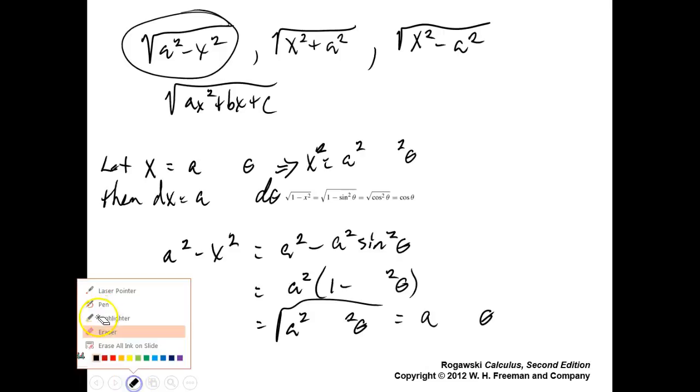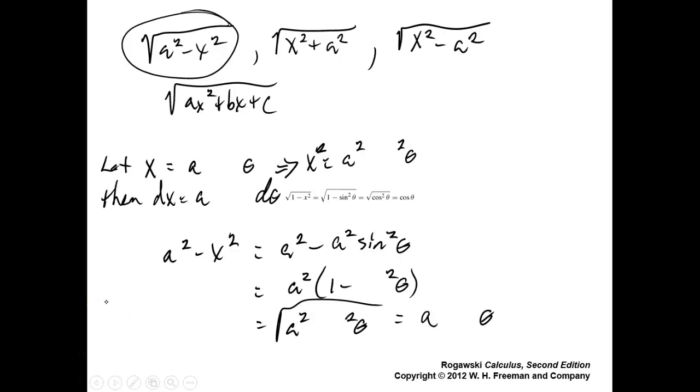So instead of using sine, let's use cosine. x equals a cosine theta. What would your dx be then? Except it'll be a minus, minus a sine theta. That's, I think, why they usually use sine, because the derivative is a plus rather than a minus. It doesn't matter.